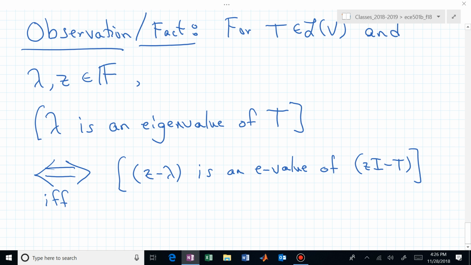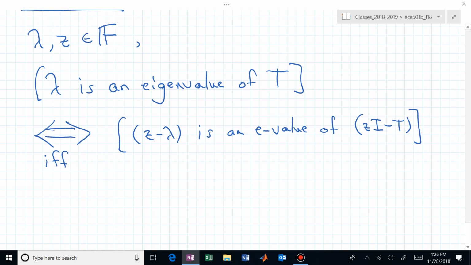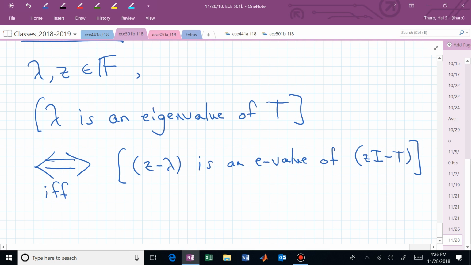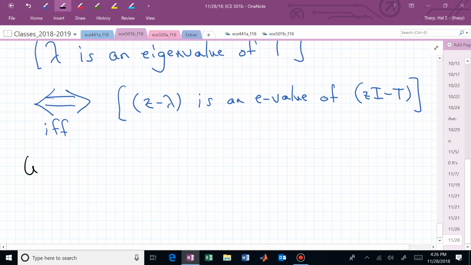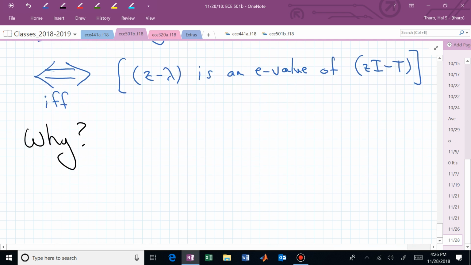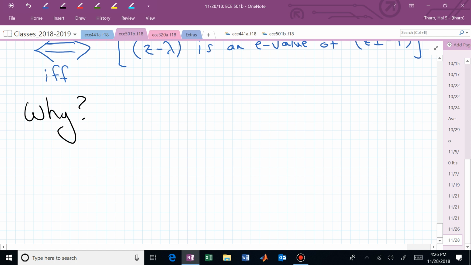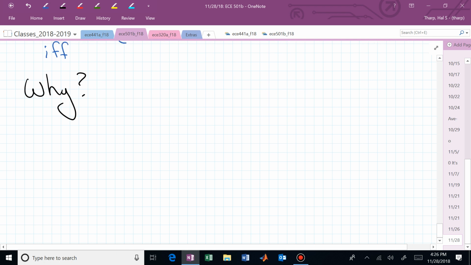It's going to be z minus lambda, that scalar. We put on our 2-year-old cap and say, why? So let's now verify that or convince ourselves of why that's true.